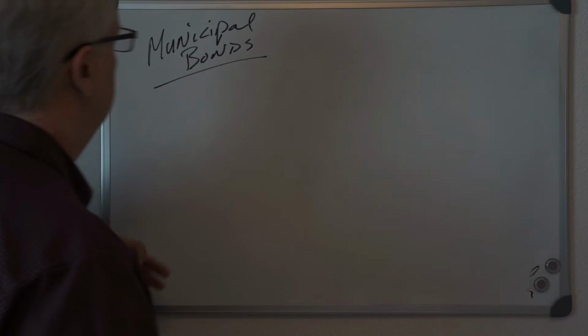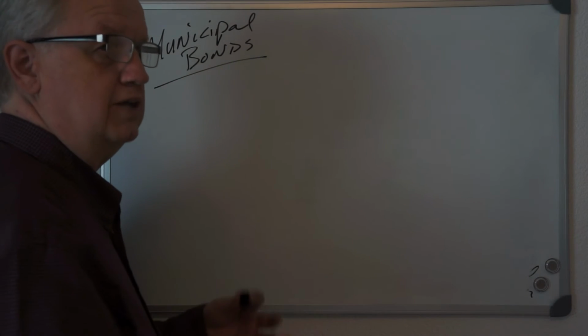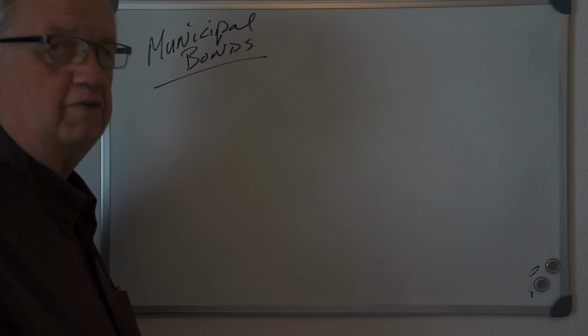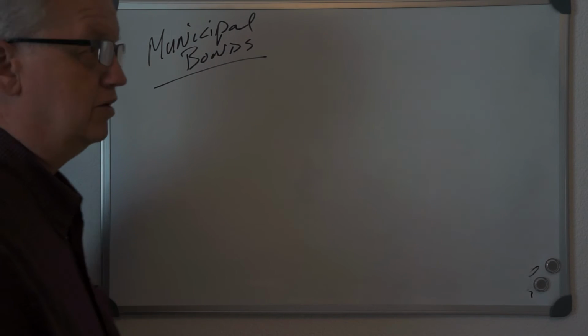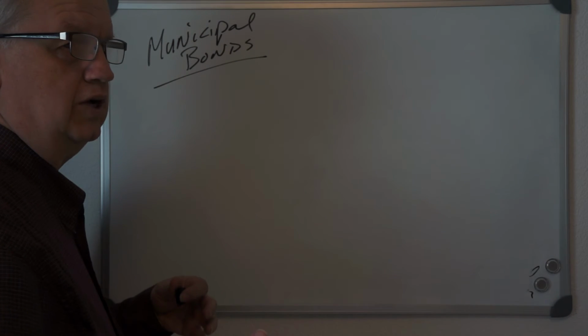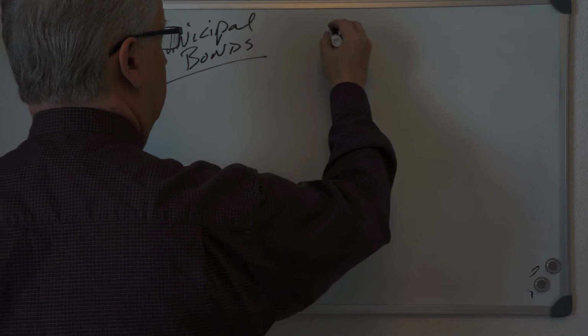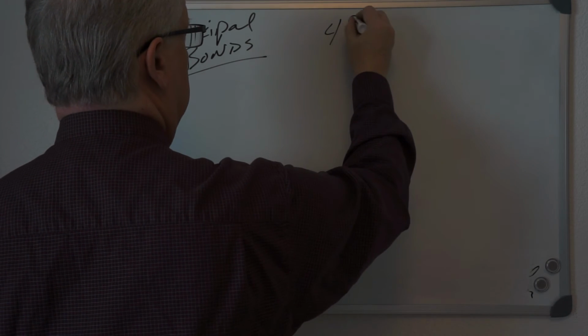So this is a project, or it is an obligation of the government. You can read up on that, on GOs, but we're just going to take a look at equivalency and the money.